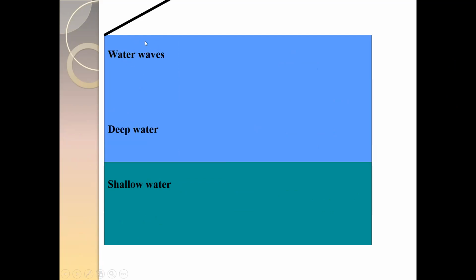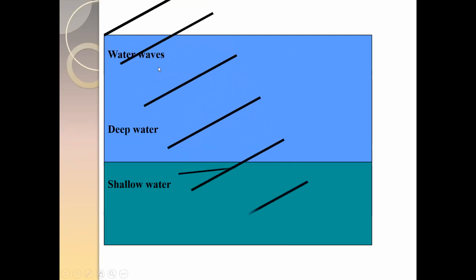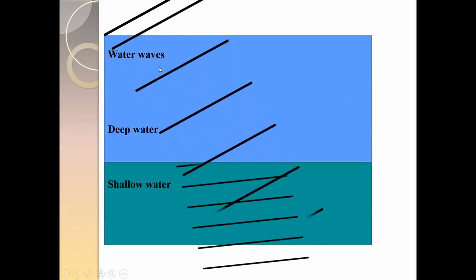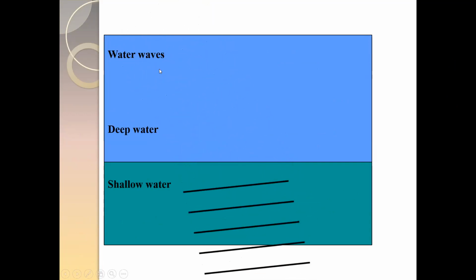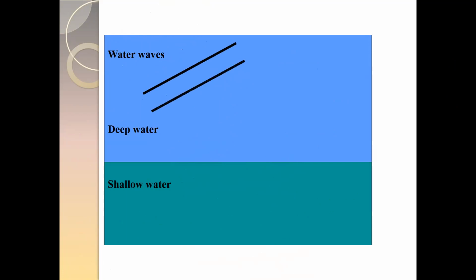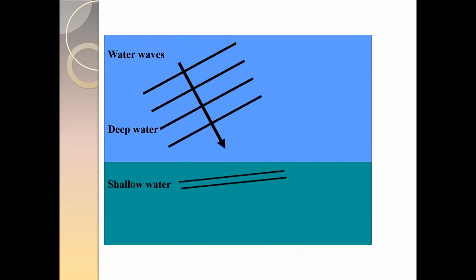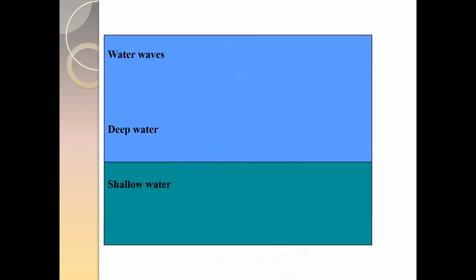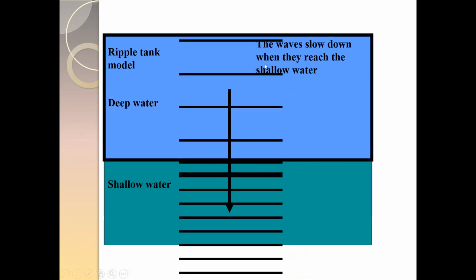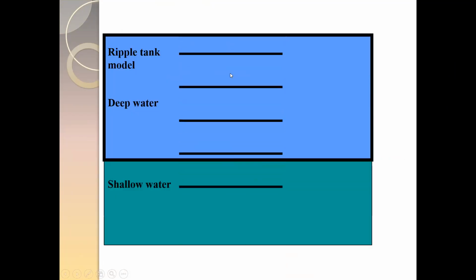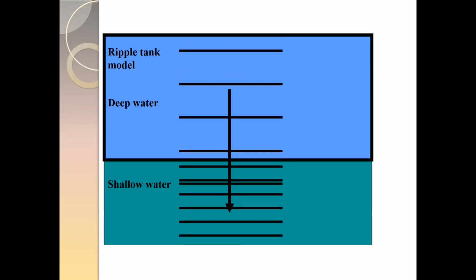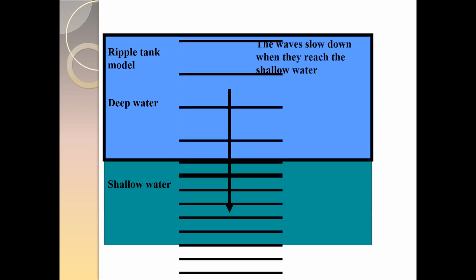If a wave is making a certain angle, for example, it is coming with an angle, then when the wave travels from deep region to shallow region, what we will observe is that the wavefront will slow down and it changes direction as well. In the previous example, it was not changing direction as it was coming directly towards the boundary, so only speed and wavelength changed.